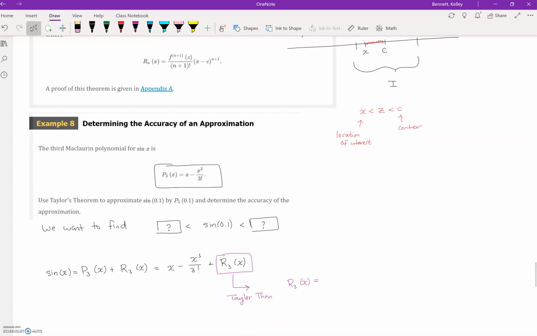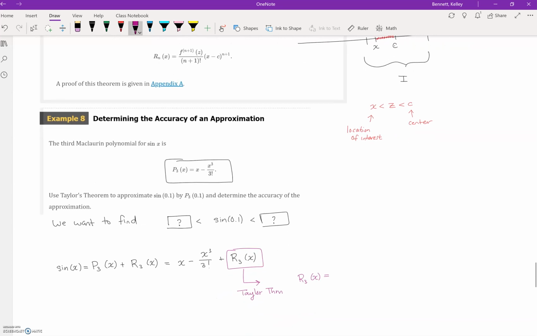We have to go up a derivative, so this is going to be the fourth derivative at z over n plus 1, so n being 3, we'd have 4 factorial times x to the fourth. So what we need to know is what's the fourth derivative and where does z live? So let's think about z really quickly. We're Maclaurin, so we're centered here at 0.